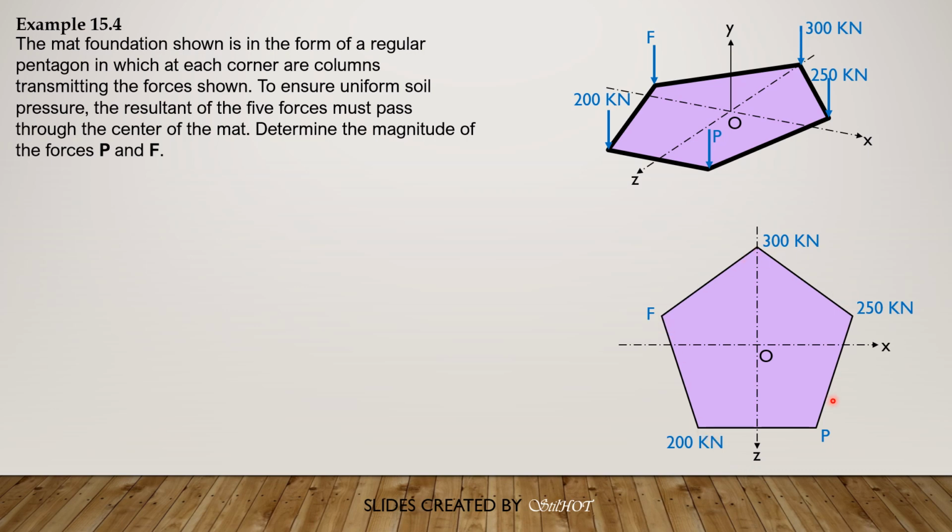But if we denote the dimension of the side of the regular pentagon as E, then each of these will be 0.5 of E. Let's express all distances in terms of E. From F to O, to this corner here, this is the radius of the circumscribing circle, let's denote that by R. Then from F to O, that's also R. From O to the corner where the 200 kilonewton force acts, that's also R. The angle here is the central angle, let's call it theta.